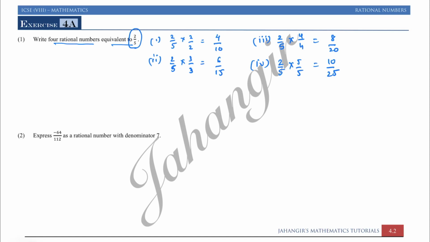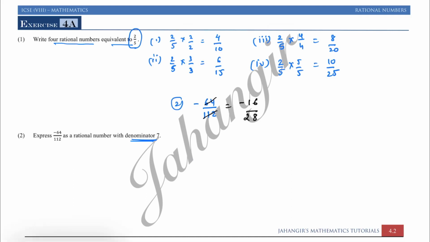Now express, second question में express minus 64 upon 112 as a rational number with denominator 7. इसका denominator 7 होना चाहिए. तो let us first cancel out with, किससे कट होगा? 4 से कट होगा. 4 16 जा 64, 4 2 जा 8, 4 28 जा 112.